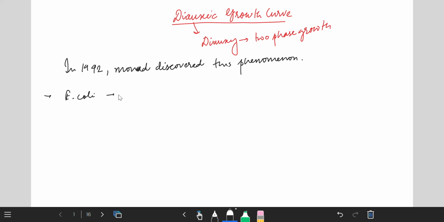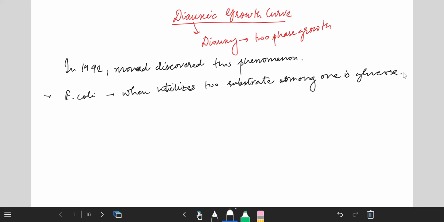E. coli, when it utilizes two substrates, among one is glucose and another one can be any kind of sugar.